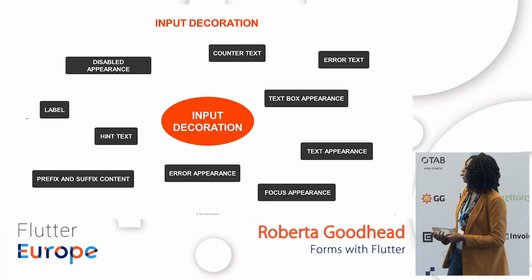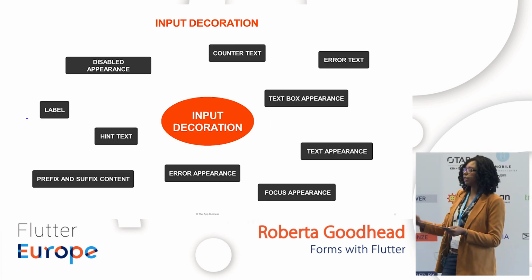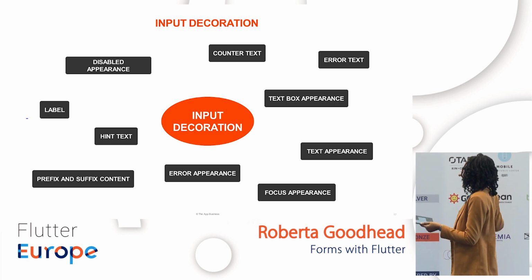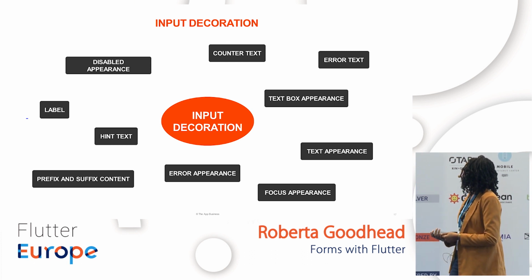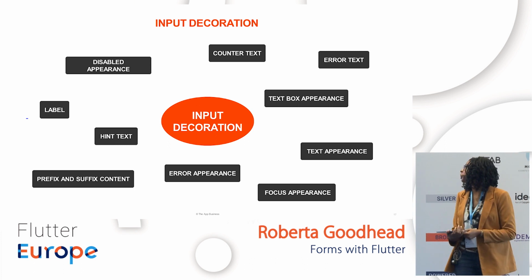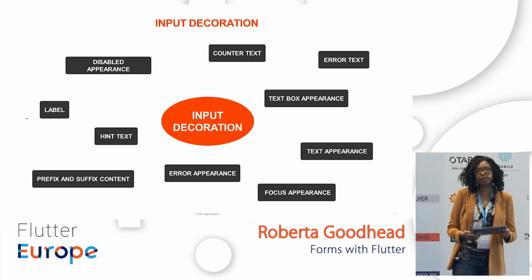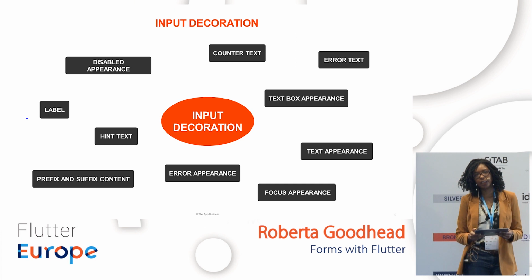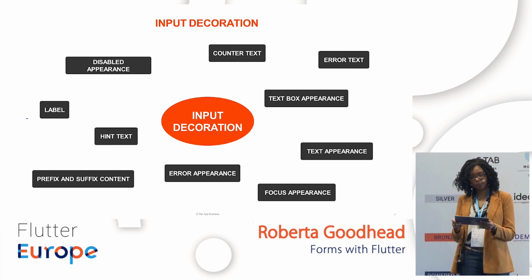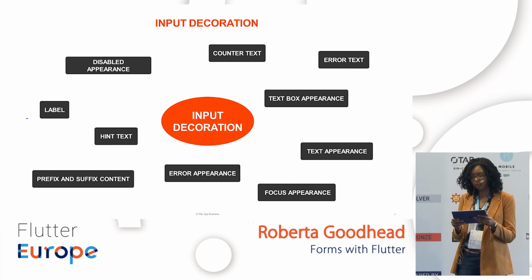So you can change how it looks like when it's disabled, counter text, so that's counting how many characters you have left in your field, error text, text box appearance, text appearance, label, hint text, prefix and suffix content, error appearance, focus appearance, amongst so many other properties.